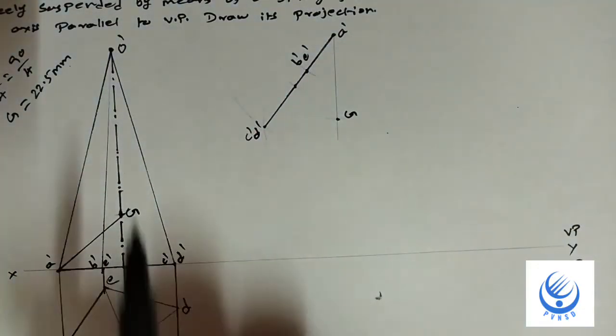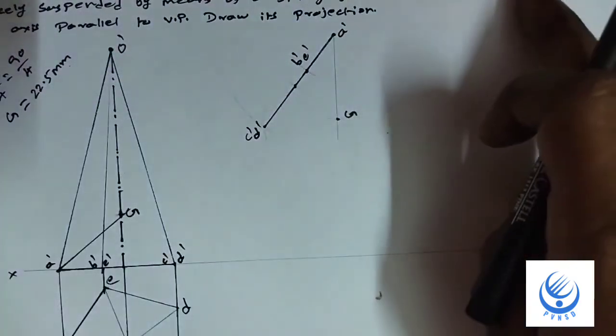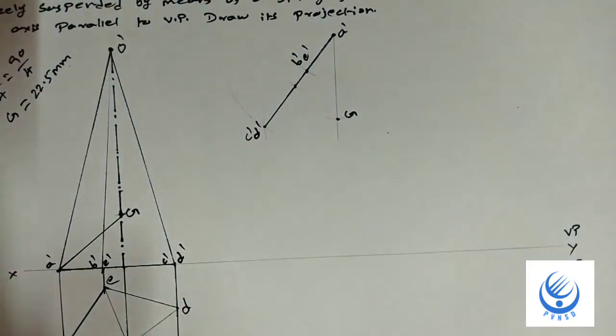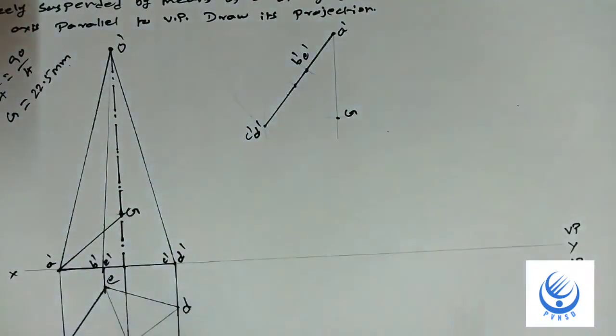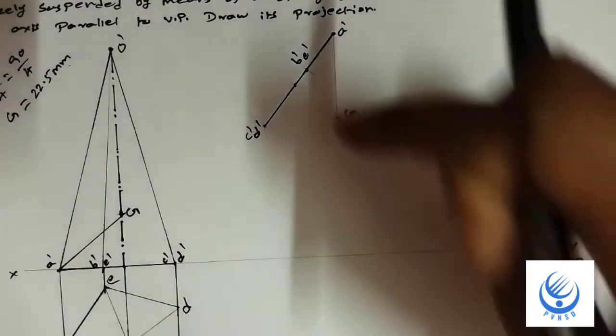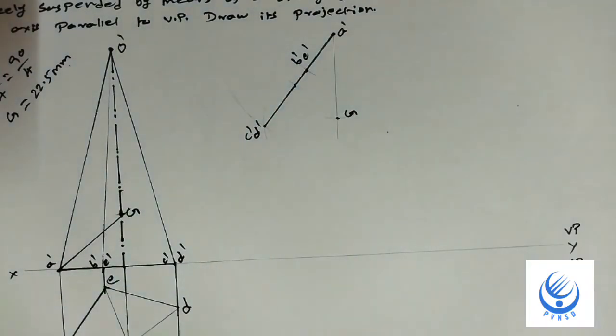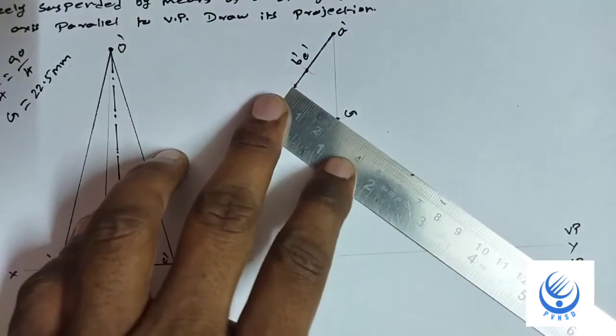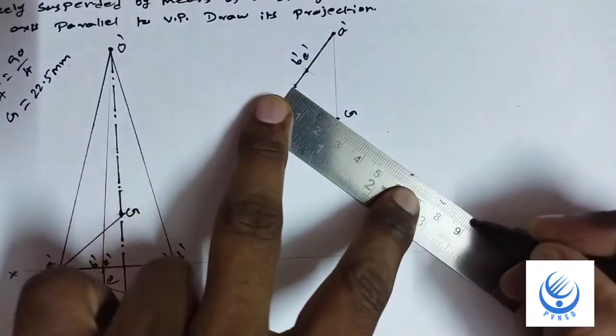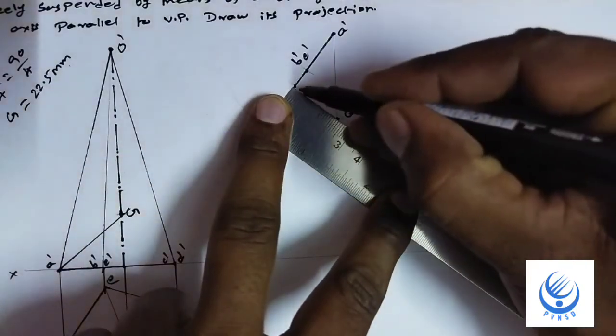Okay, that center axis line length is 90 mm. To measure 90 mm distance. This is the center axis line.